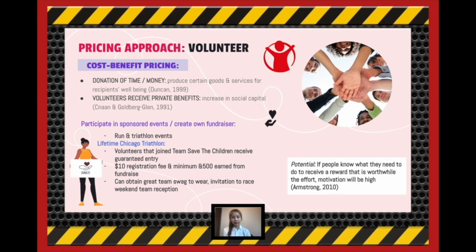There are a lot of run and triathlon events that are available for volunteers to take part in while raising funds to bring a better future for the children. One of the fundraiser events, the Lifetime Chicago Triathlon, allows volunteers that join Team Save the Children to receive guaranteed entry. Participating in the event requires a $10 registration fee and a minimum of $500 from the fundraiser.